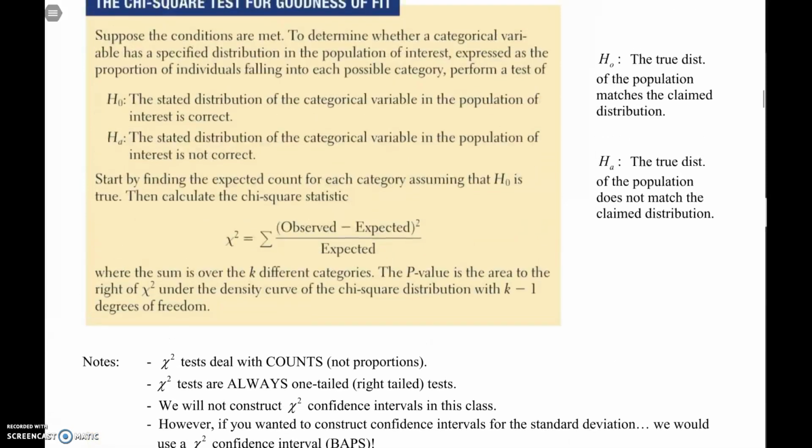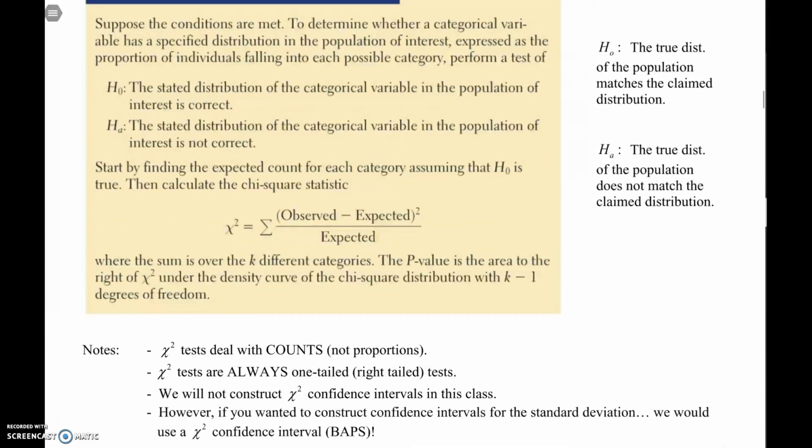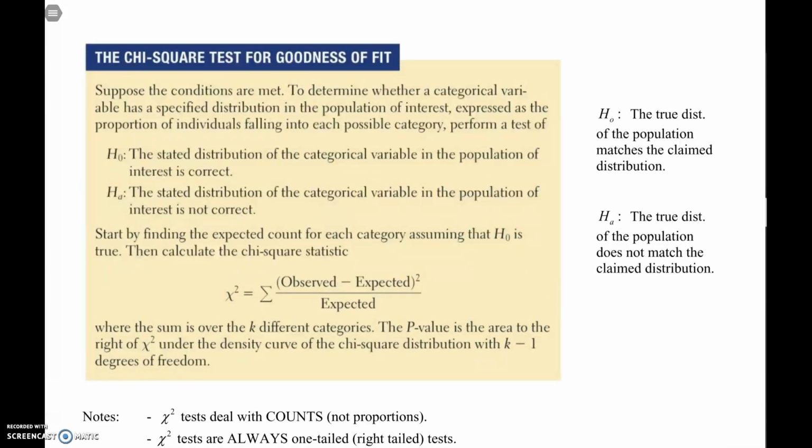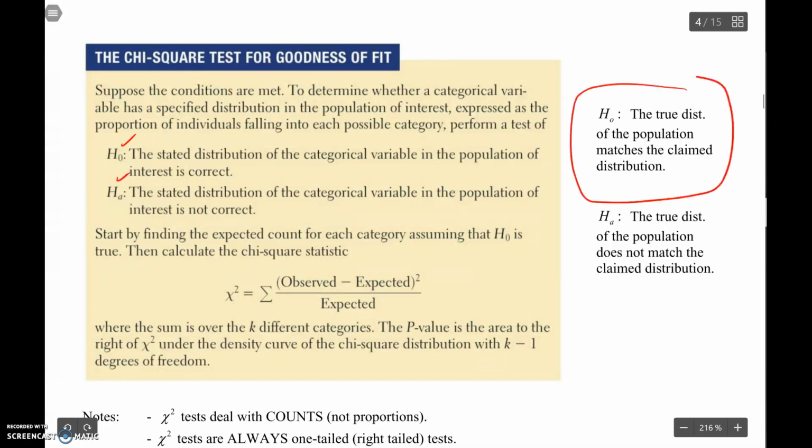All right. So we'll finish up this video by just talking about the chi-squared goodness of fit. We've kind of got everything laid down. We ran it earlier. Let's just formalize it and use our theoretical model. If the conditions are met, this is going to be our null and alternate. This is how the book words it. I prefer mine. The true distribution of a categorical variable in the population of interest matches the claim distribution.